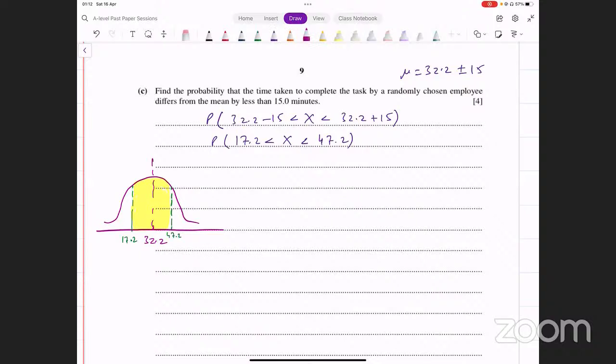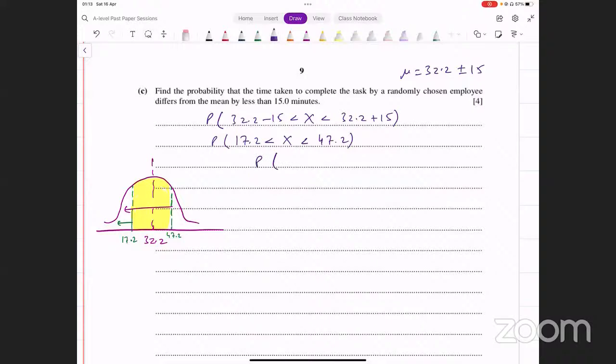We can find the region towards the left of 47.2 and subtract from that the region towards the left of 17.2. तो इसको हम ब्रेक कर लेंगे दो पार्ट्स के अंदर. हम इसको कहेंगे it's the probability of x less than 47.2 minus the probability of x less than 17.2. ये आपने डिफरेंस फाइंड कर लेना. ठीक है? That's how you could do it. या फिर आप ये भी कर सकते हो, आप डायरेक्टली इसको z में कन्वर्ट कर लो पहले.